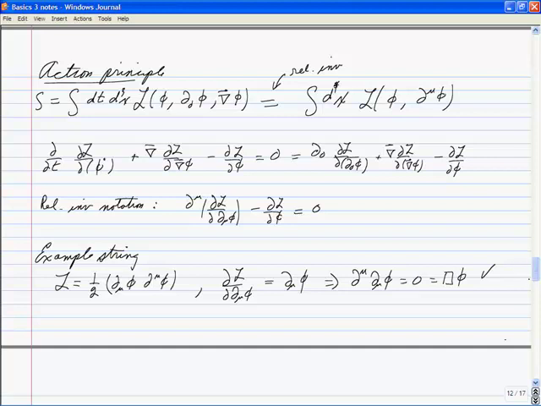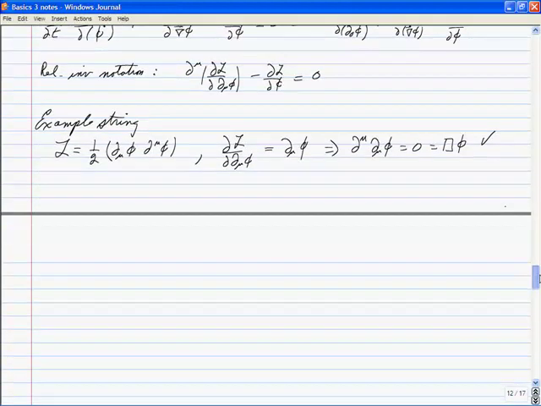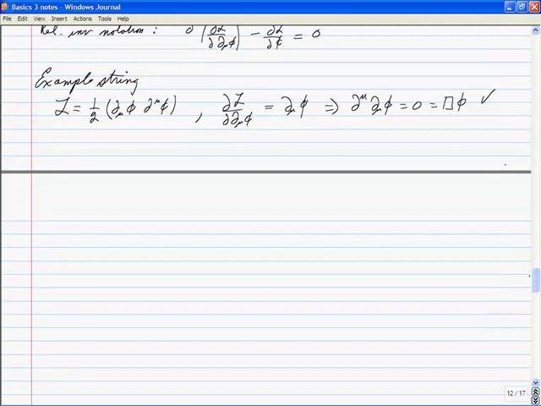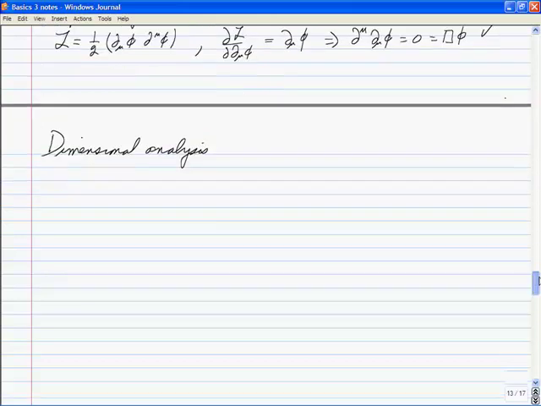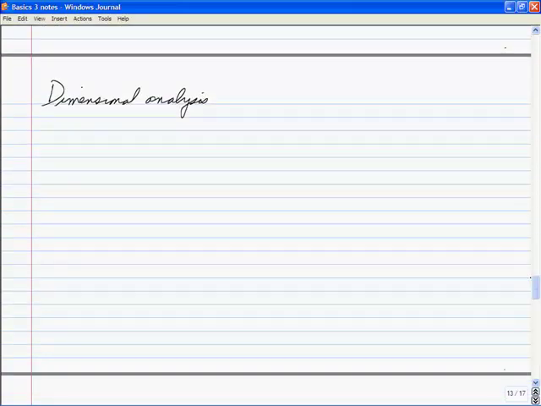Anyway, given the time, I'm not going to do some science, I'm just going to do dimensional analysis. In my last few minutes, I just want to do dimensional analysis.